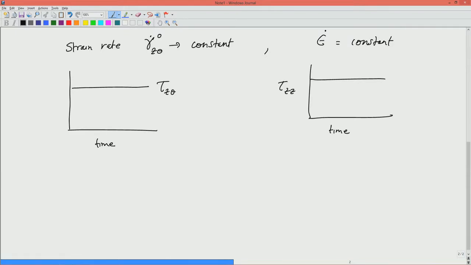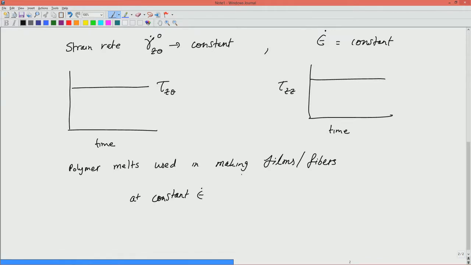What we see in many of the polymer melts used in making films and fibers is that at constant epsilon dot, they show a response of stress that keeps increasing.